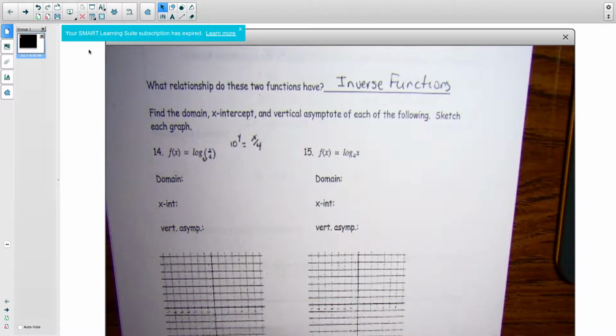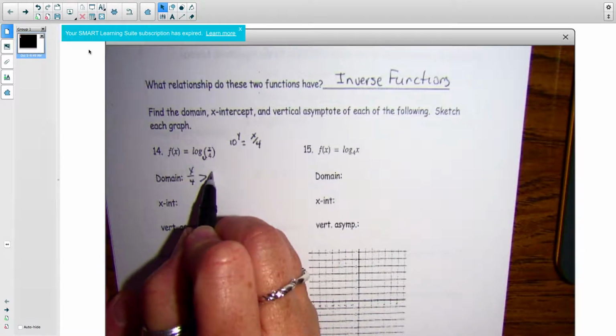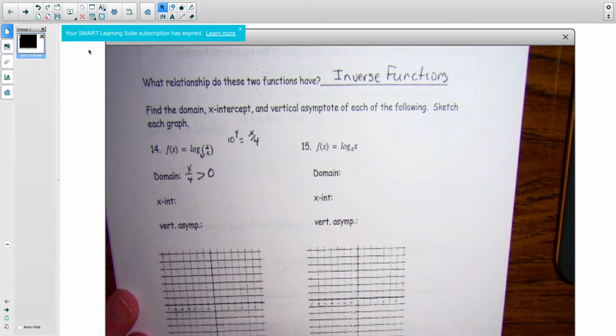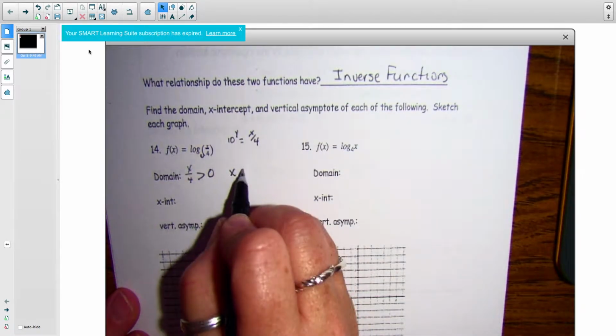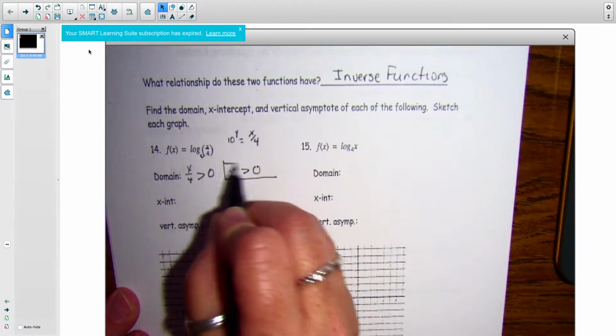For the domain, what do we know has to happen with that x over 4? It has to be greater than 0. So x has to be greater than 0. So there's our domain.